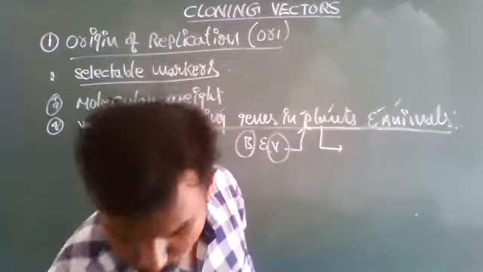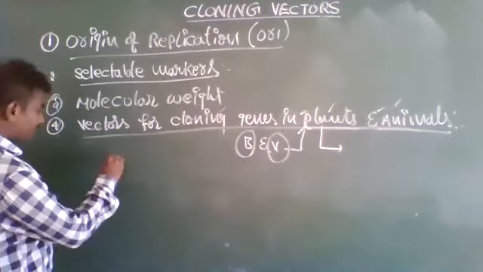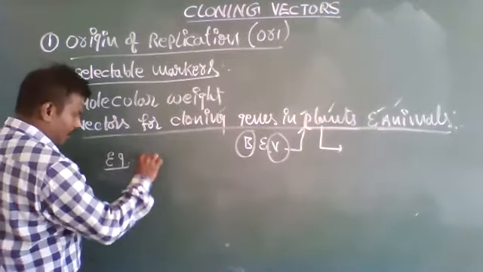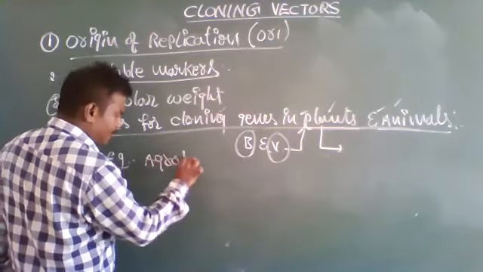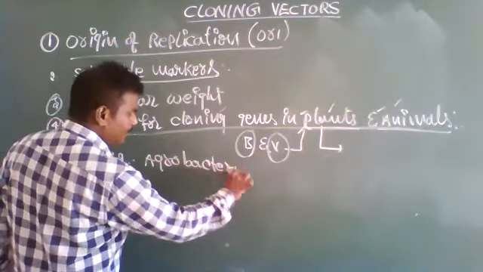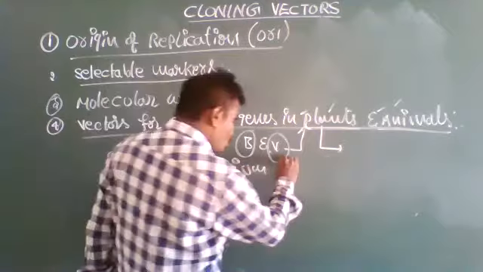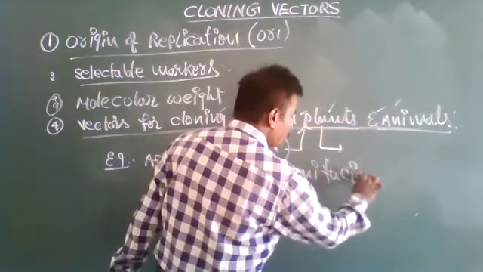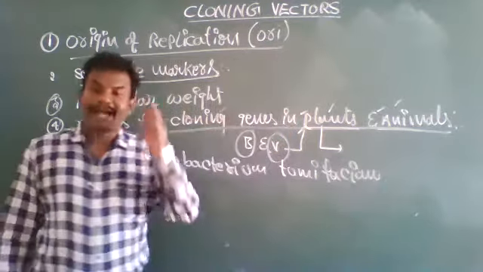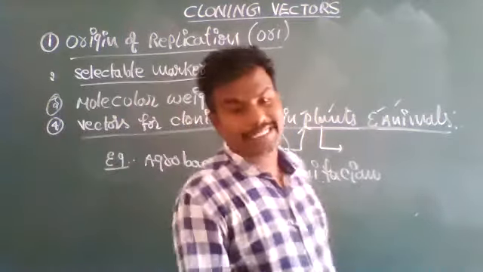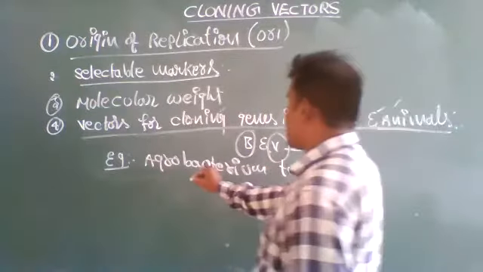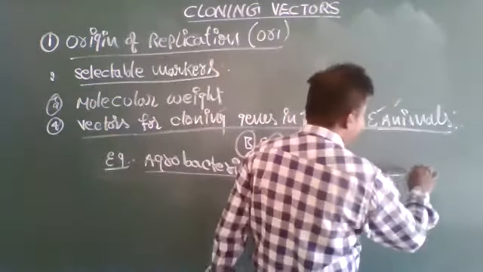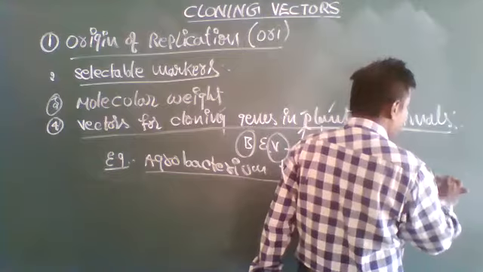For example, one bacterium is Agrobacterium tumefaciens. This is a pathogenic bacterium which causes diseases in dicot plants.